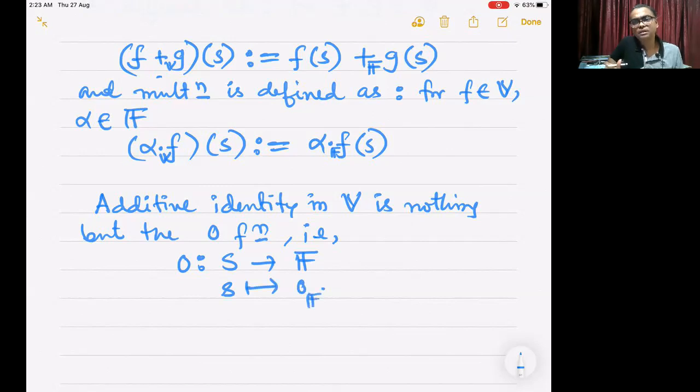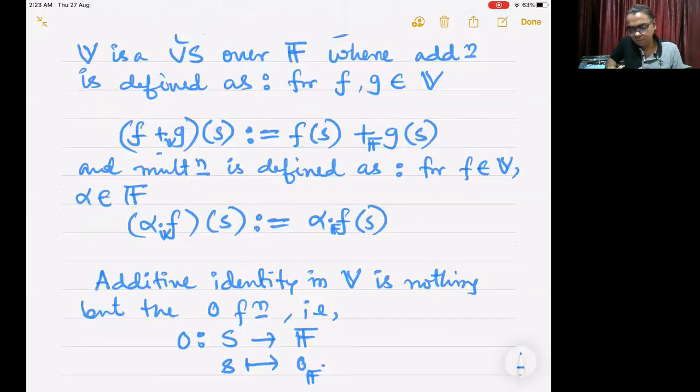Indeed, if f is the 0 function, then 0 plus g at s will be defined as 0(s) plus g(s), but 0(s) is defined to be 0, so it's g(s). Therefore 0 plus g is g, and that is the property of the additive identity in the vector space.